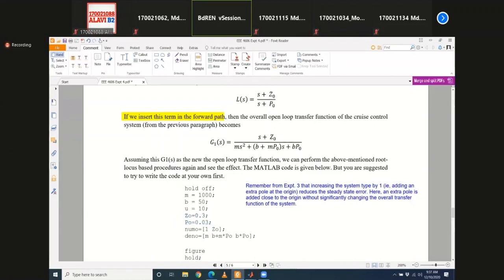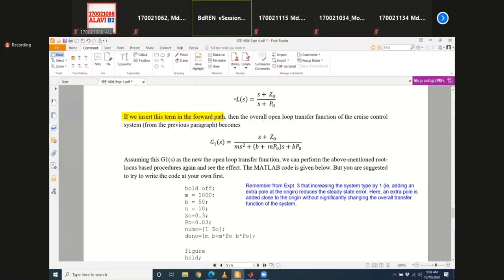But just by looking at these letters Z and P, what do these two represent? Z means a 0. That means you are adding an extra 0 with the overall system. And P represents a pole. We're adding an extra pole with the overall system. That is why they're represented by Z and P. Okay, so I've written this line for better understanding.